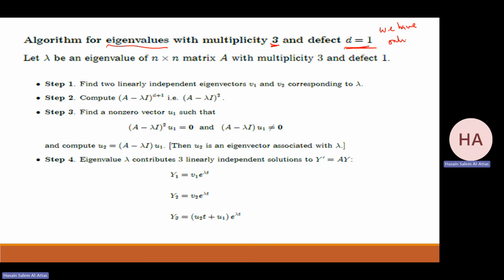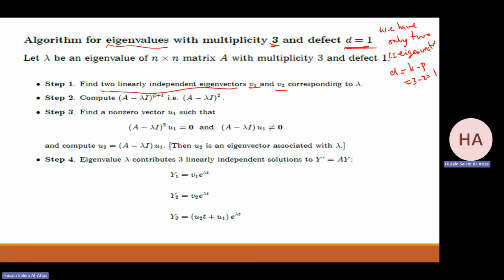We have only 2. So D will be K minus B, which is 3 minus 2, which is 1. What's the algorithm? Find 2 linearly independent eigenvectors, V1 and V2. Since I have 2 eigenvectors, I find 2 linearly independent eigenvectors.